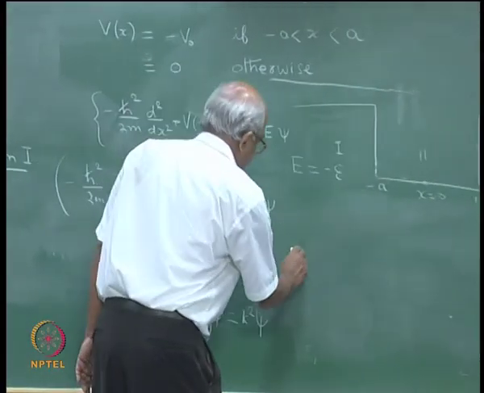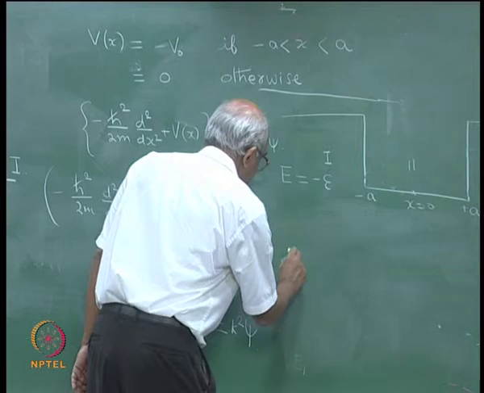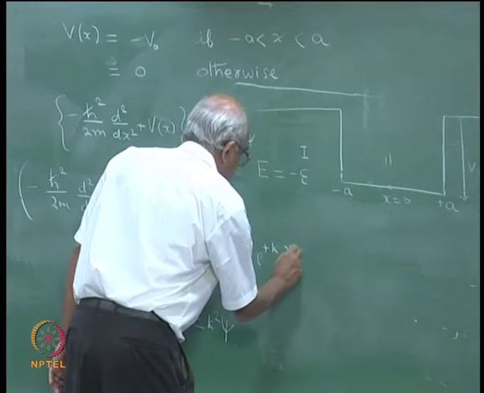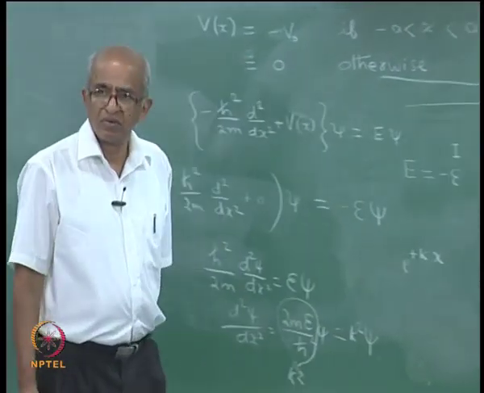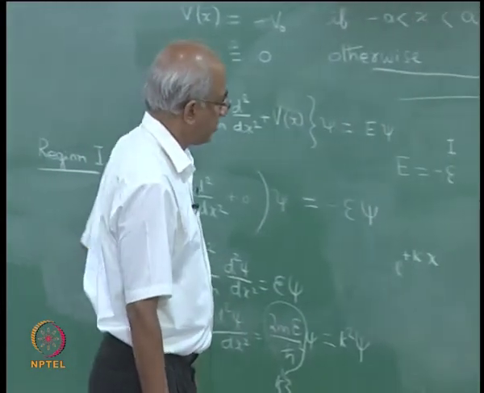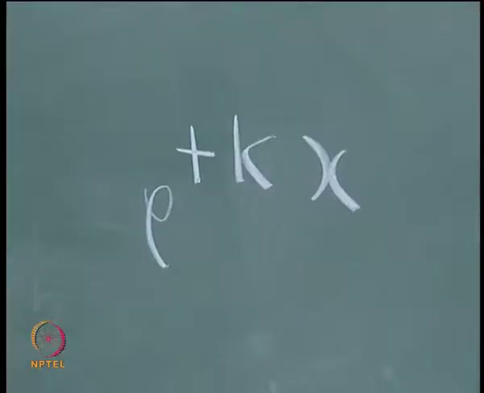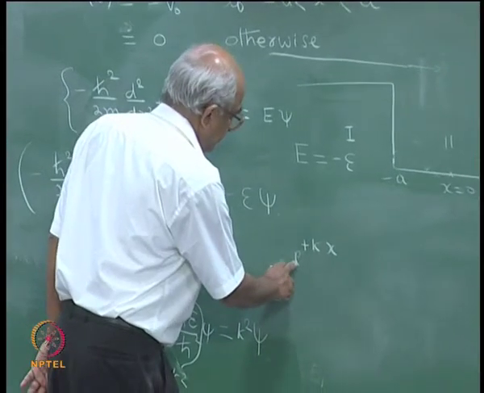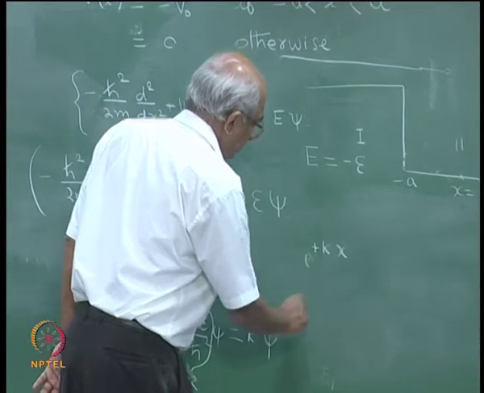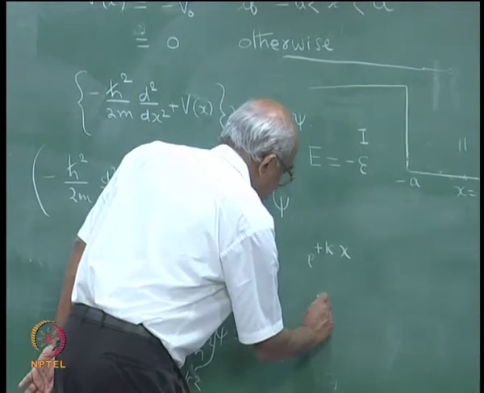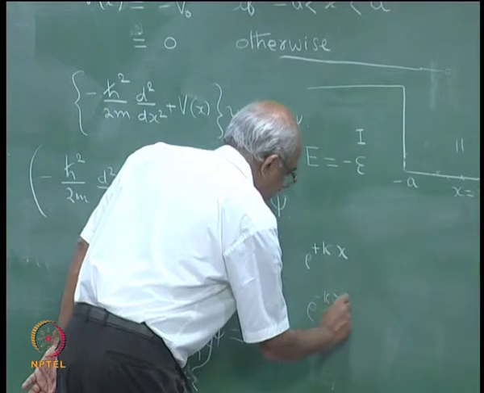The first one is e to the power of plus kappa into x. In fact, I can put a constant, but let me not put a constant, I will do that in a few seconds. So, you have one solution which is of the form e to the power of plus kappa x, and another solution which is of the form e to the power of minus kappa x.